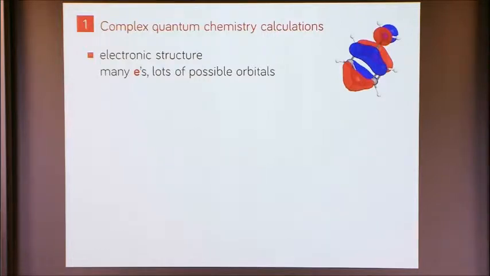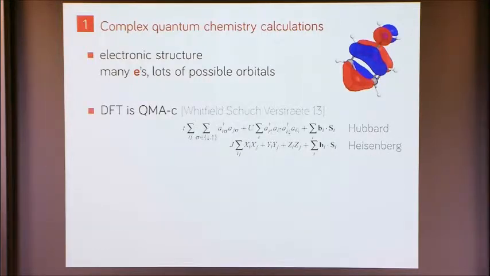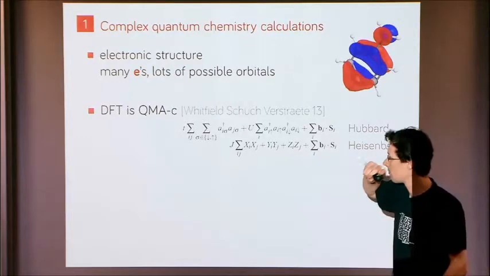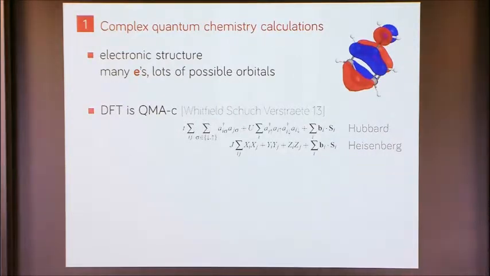One of the ways to solve it is something called density functional theory. Instead of solving for electrons that are interacting, you transform your problem into another fictitious problem where you only solve for the electron density, and where the electrons don't know about each other. But making this new fictitious problem is hard in general, because it's QMA complete, as shown by James Whitfield, Norbert Schuch, and Frank Verstraete.